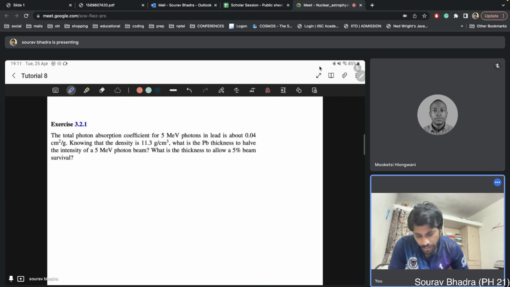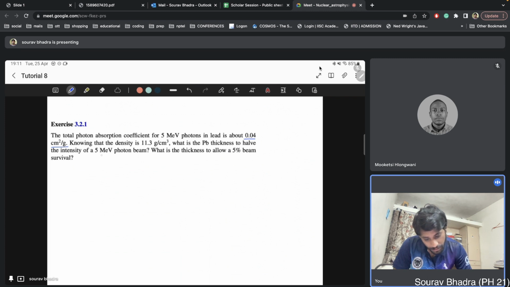Now in this question it has been asked that the total photon absorption coefficient for 5 MeV photons in lead is about 0.04 centimeter square per gram, and the density of the lead is given 11.3 gram per centimeter cube. Now we have to calculate what is the lead thickness to half the intensity of the 5 MeV photon beam.